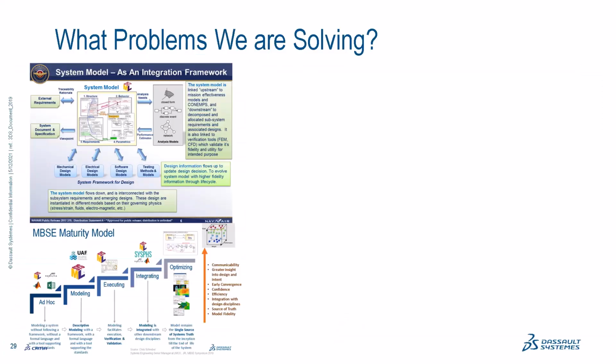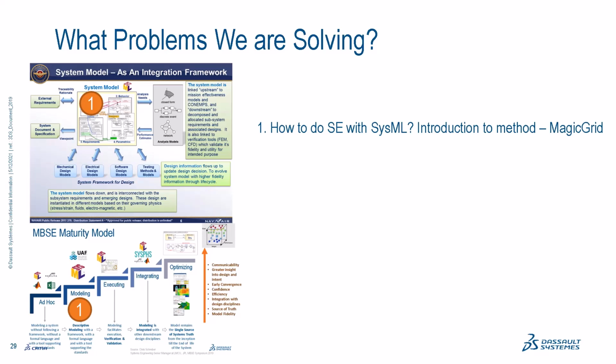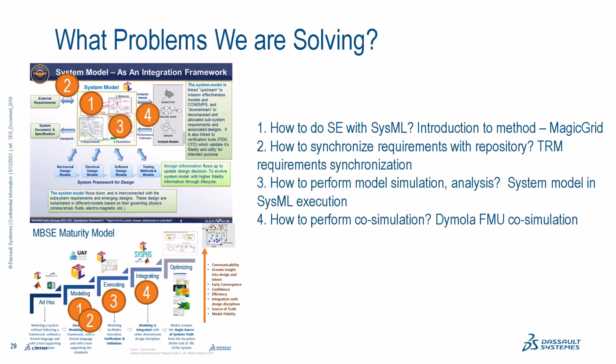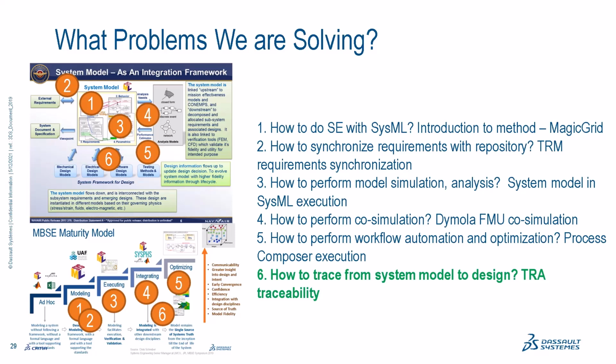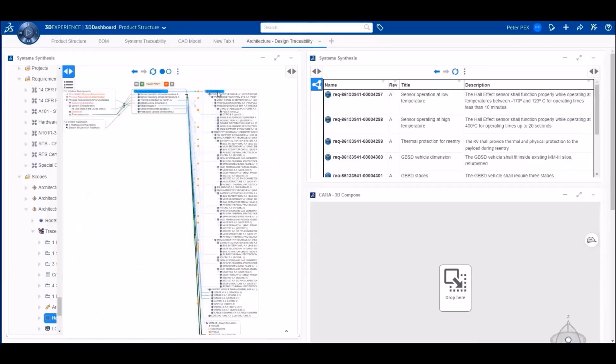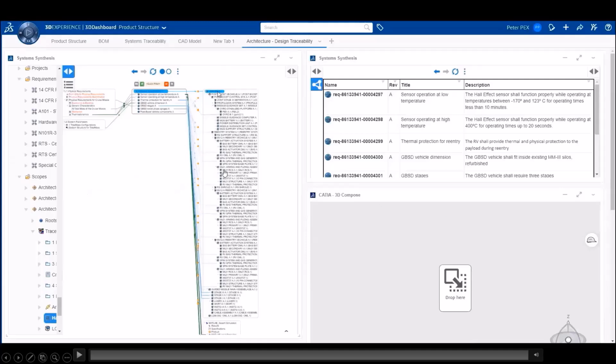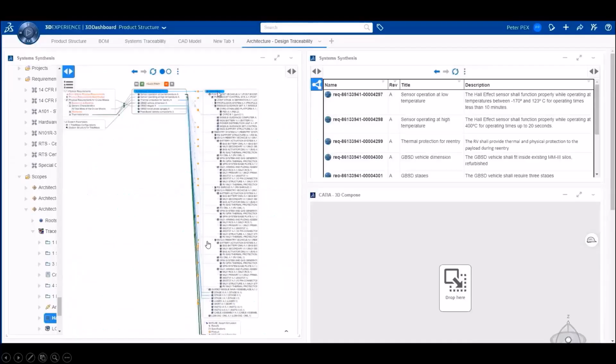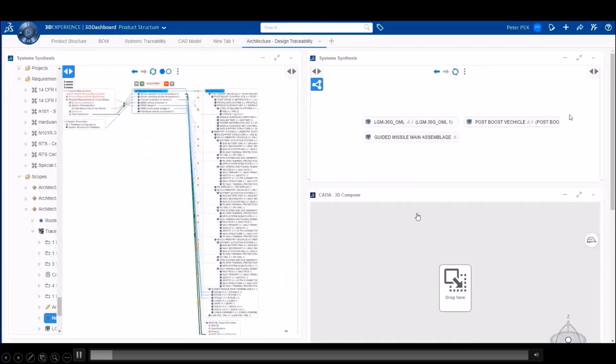Then the last step in system modeling is traceability, and this traceability ties the system model to the design models, as a handoff to the next step. We want to establish this traceability in order to have change impact. This traceability can be done in the 3D Experience platform, for example, when we export the Cameo model and consume it for review, as you can see here. We can also establish traceability with change impact, and all of that, as you can see here, is live.